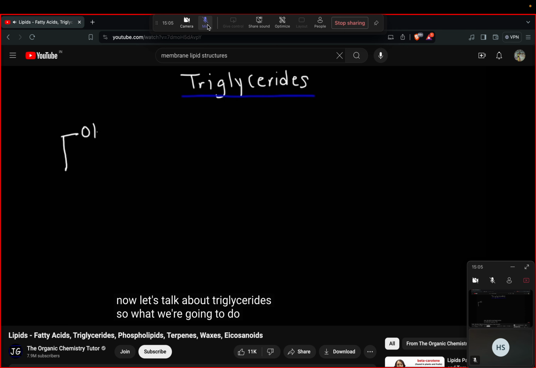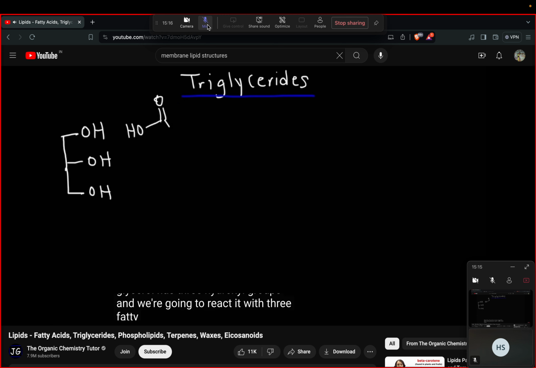So what we're going to do is take a 3-carbon molecule called glycerol. Glycerol has 3 hydroxyl groups, and we're going to react it with 3 fatty acids.